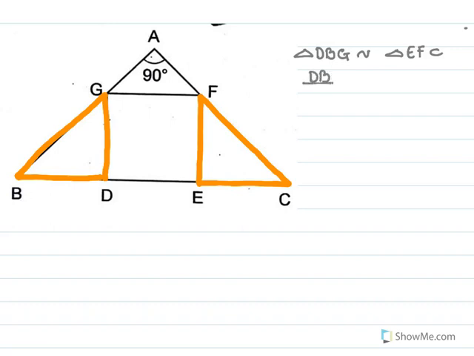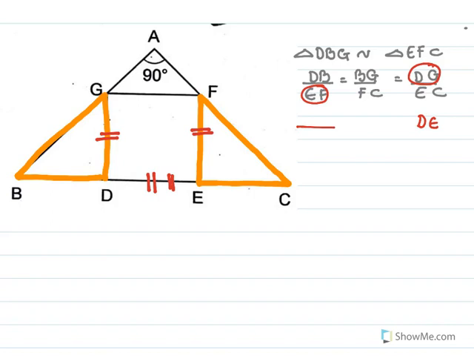So DB over EF will equal BG over FC equal to DG over EC. Now the inner one is a square, so we have DG equal to DE, and FE is also equal to DE. So wherever there is DG, I will put DE, and wherever there is FE, I will put here also DE.